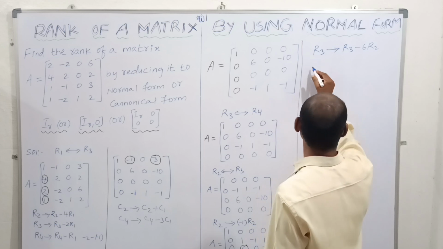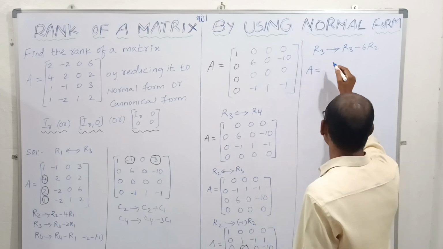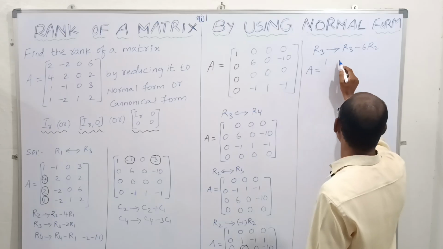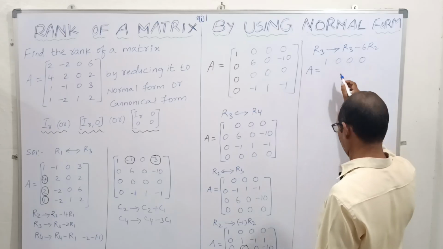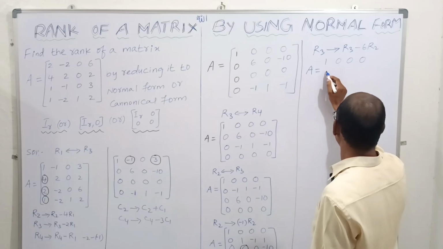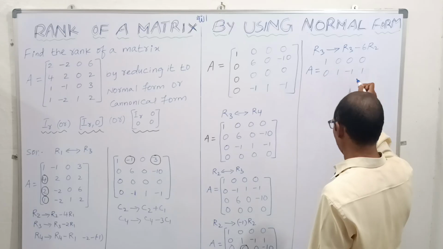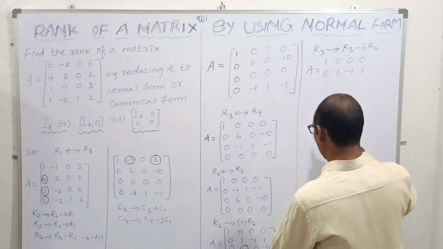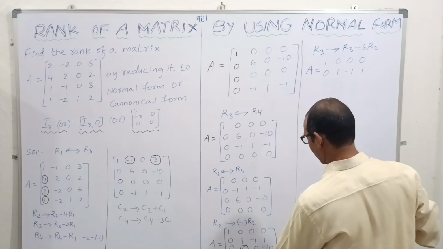So therefore, capital A is equal to 1, 0, 0, 0; 0, 1, minus 1, 1. So R3 is changed as R3 minus 6 R2.